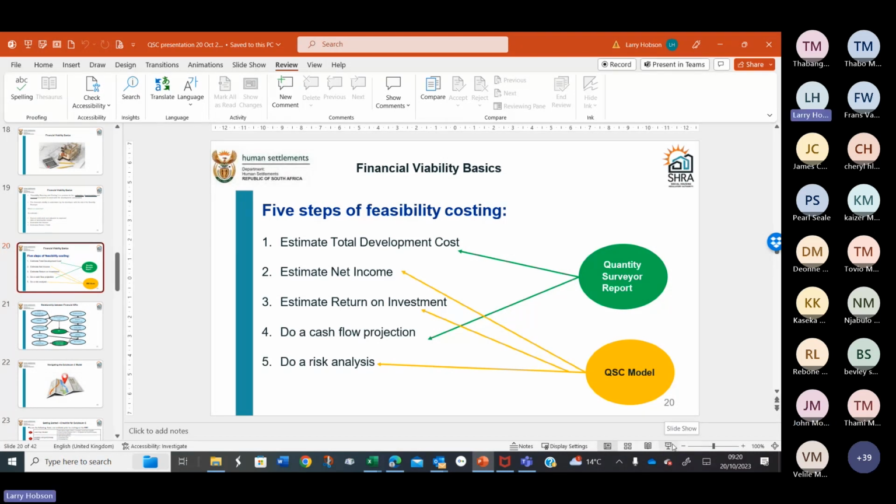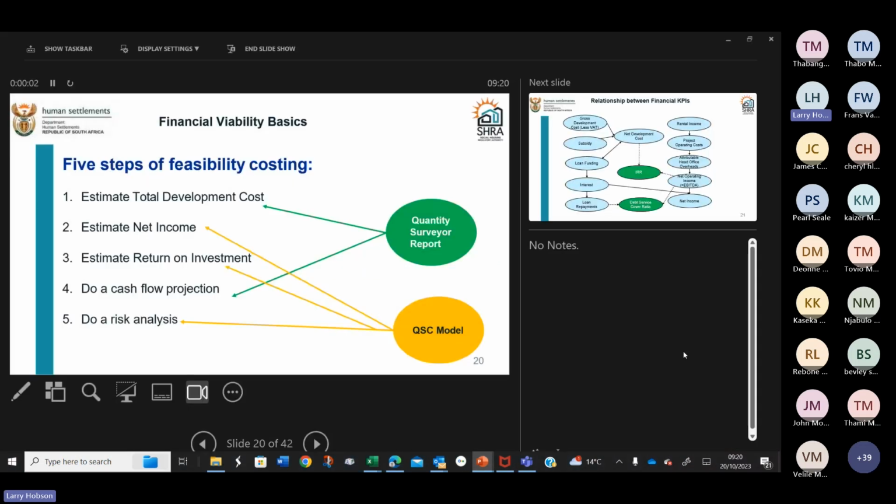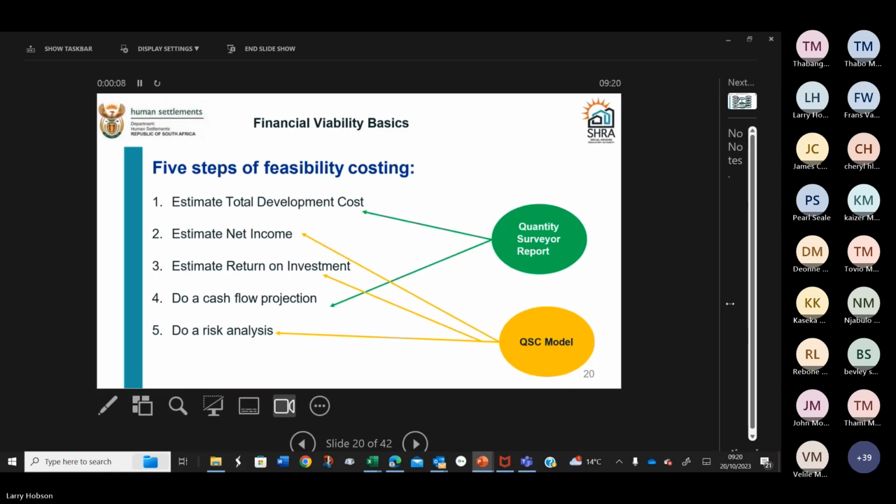There we are, slideshow. Sorry about that. Oh, it was in presentation mode. That's just the next slide, but I don't want to see the next slide. Right. Okay, so much better. You can see it much clearer.